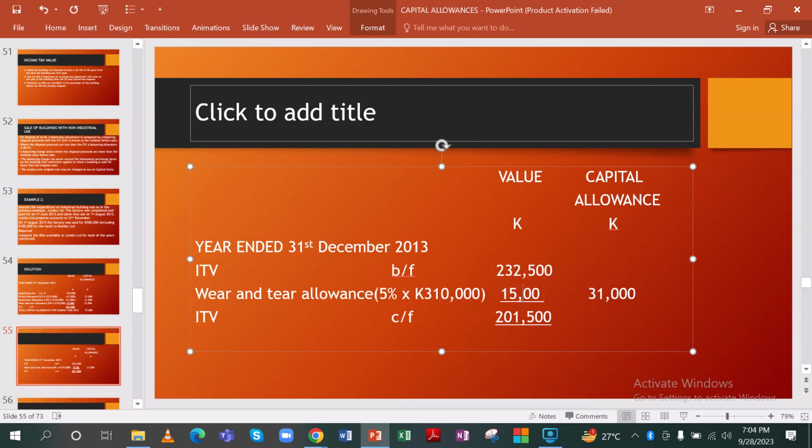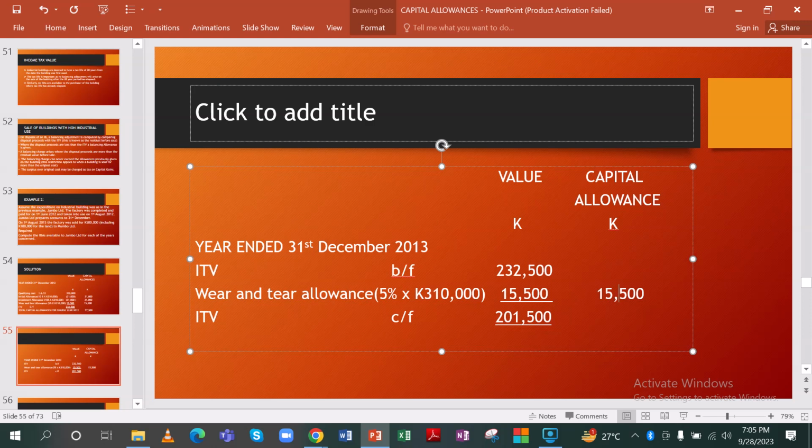Even here it's supposed to be 15,500. Okay, so that's what it's supposed to be.